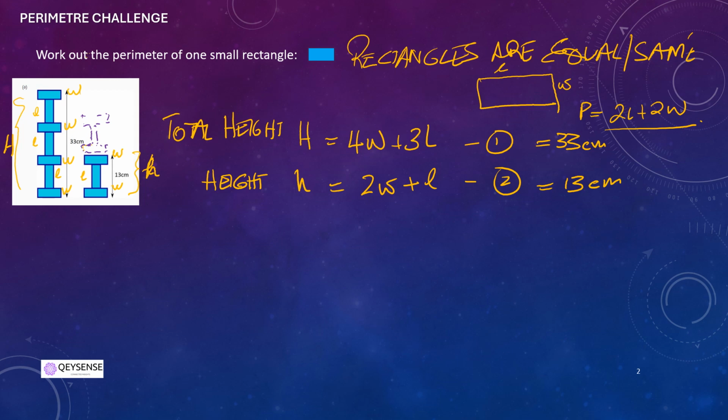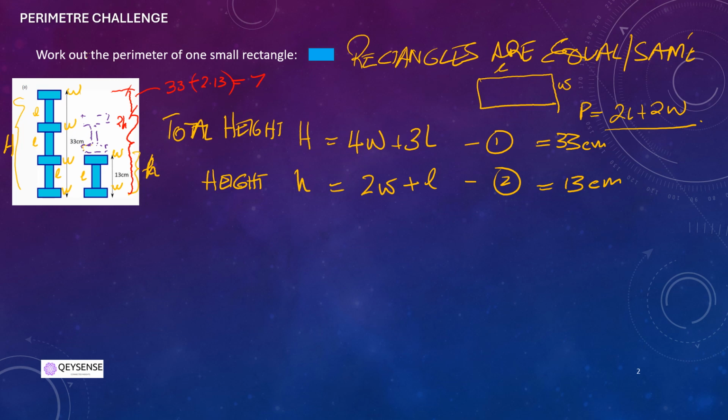So this is simply 2h. If we look at the difference between the big tower and the two small towers added together, that difference is simply 33 minus 2 times 13, which is 7.